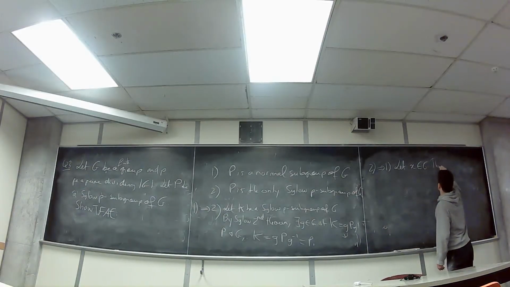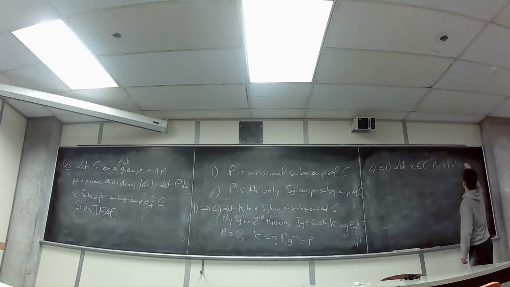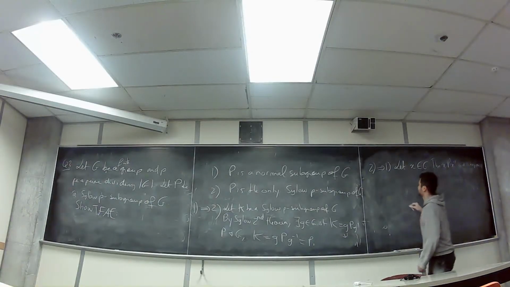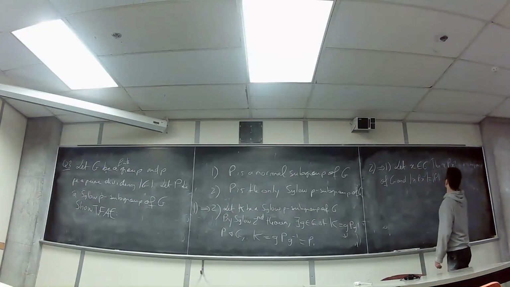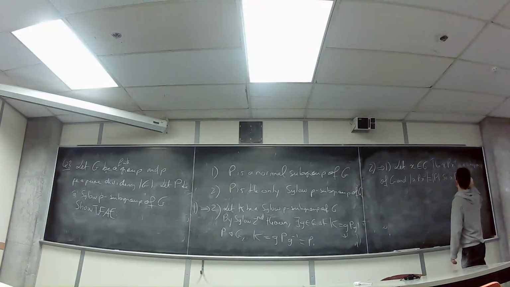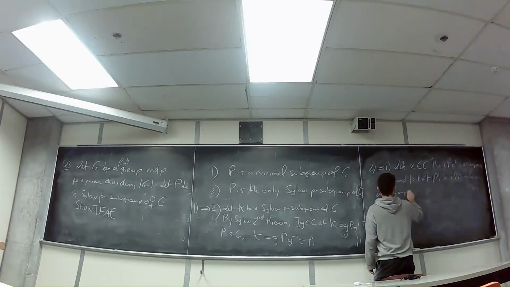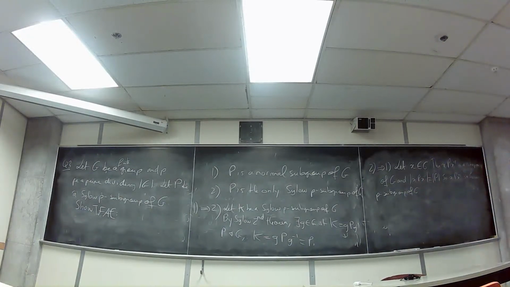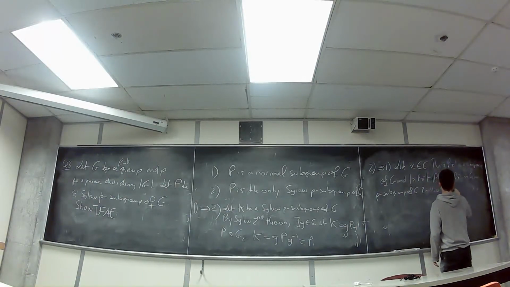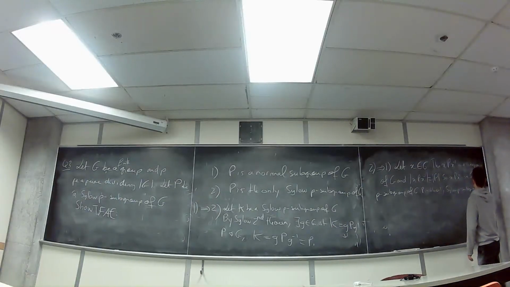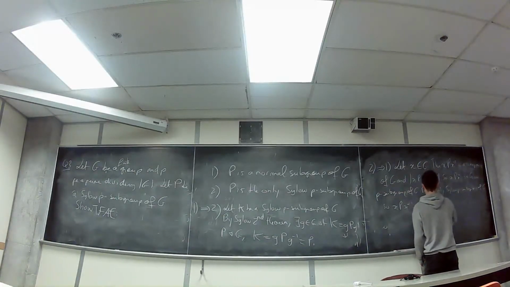Then xPx inverse has the same size as P, as a subgroup of G. So xPx inverse is a Sylow P subgroup of G. Now P is the only Sylow P subgroup of G, so xPx inverse is equal to P, hence P is normal.